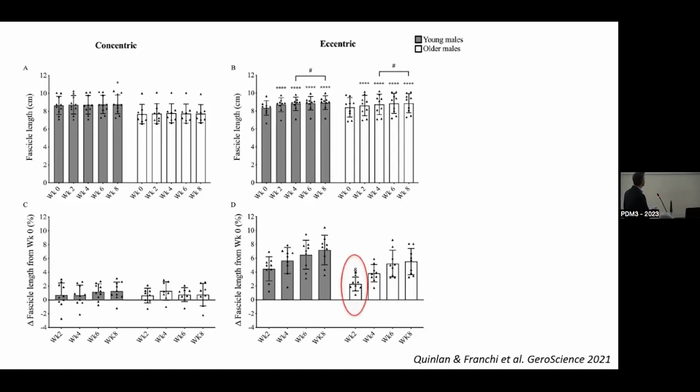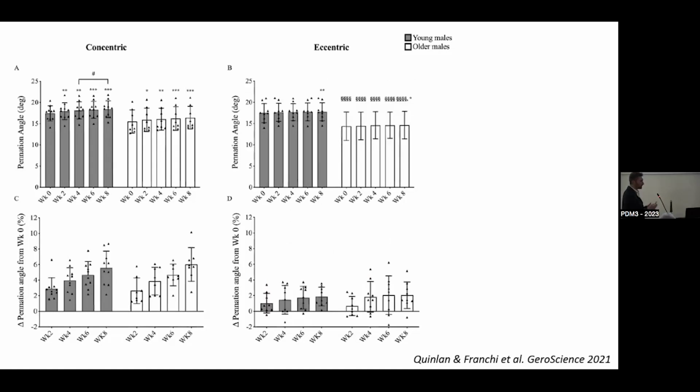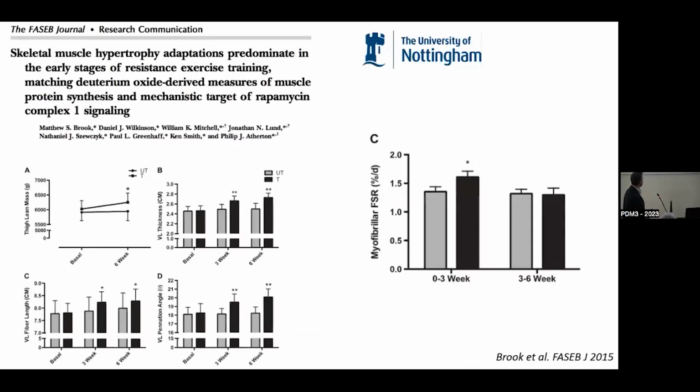Here you can also see that in the response at 2 weeks, in a comparison between young and older males, the younger males seem to show a greater magnitude of increase in fascicle length, and less magnitude was found in the older males. Pennation angle, on the contrary, was more promoted by concentric exercise, as was shown before by us also in younger people.